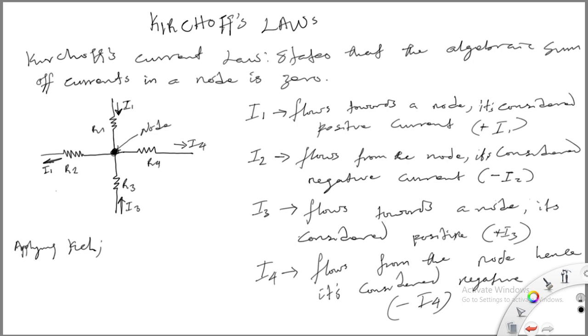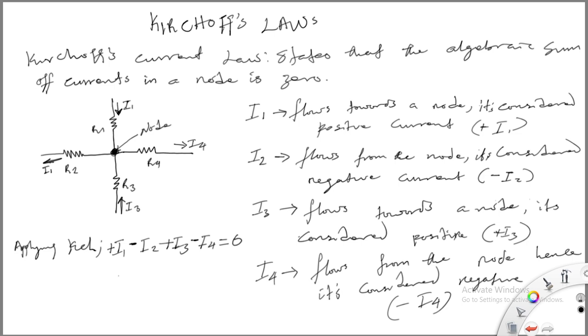So applying KCL on this node, what can we have? Remember, the law states that the algebraic sum of currents flowing in is equal to the sum of currents going out. I1 is coming in, so it is positive I1, minus I2 since it is outgoing, plus I3 since it is going inward, minus I4 since it is going out, all equal to 0.